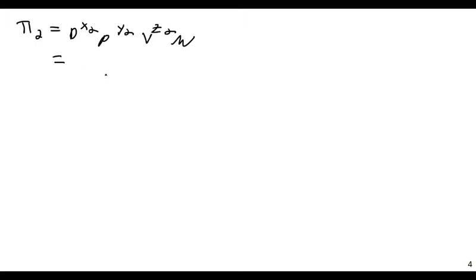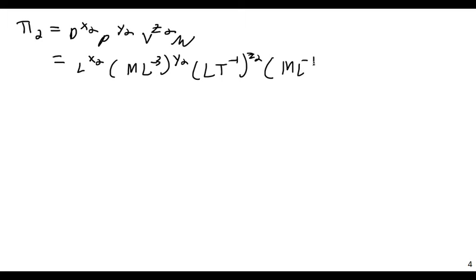And then if I plug in the appropriate dimensions, this is L to the x2 times, for density, mL to the negative 3 to the y2, times LT to the negative 1 to the z2, times mL to the negative 1 t to the negative 1, the dimensions for viscosity. And all of this must equal L to the 0, m to the 0, t to the 0, or just 1.